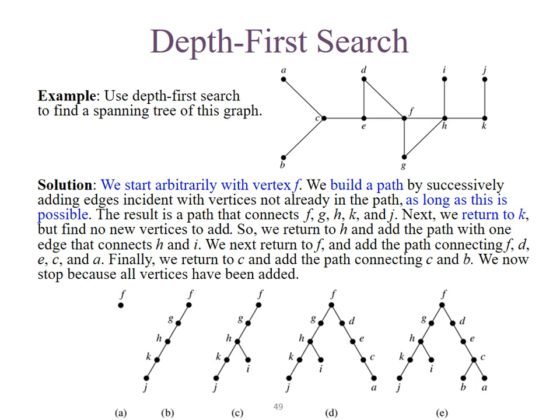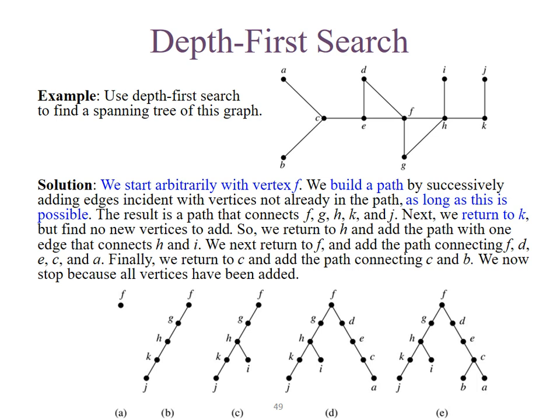If we select a random, arbitrarily chosen vertex, for example, the first vertex we choose is f here. And then we try to build a path as long as possible. For example, if we start from f, we can go g, h, k, j, then that will be one possible path starting from f. And that's the longest path we can visit.